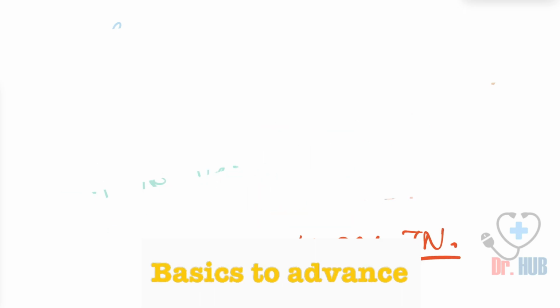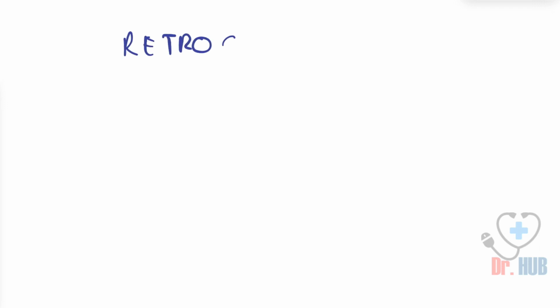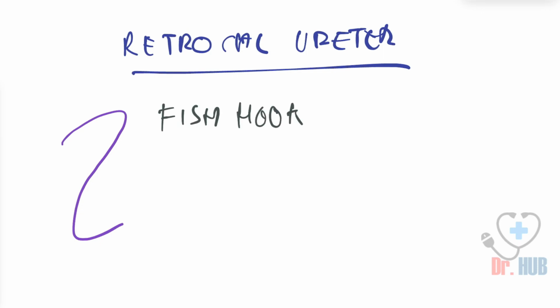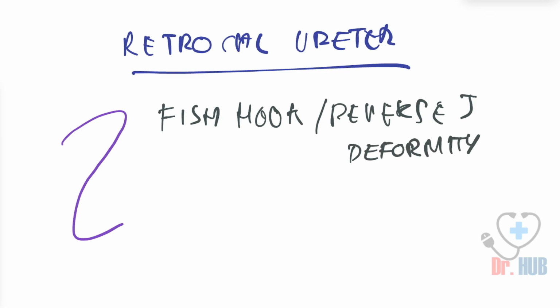Next, we look at the retrocaval ureter. Under the retrocaval ureter, we need to know it is a fish hook, that is, it forms like this. It is also known as the reverse J deformity.